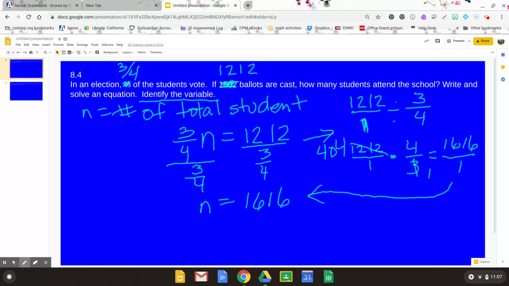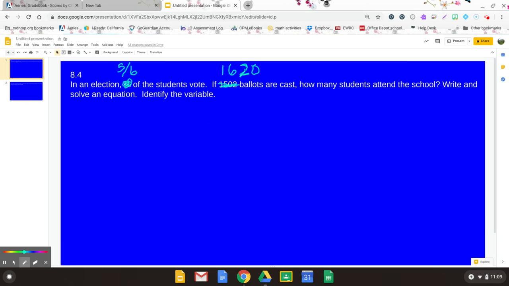I think I'll do one more if you're still struggling with this. In an election, 5/6 of the students vote. 1,620 ballots are cast. How many students attend the school? Write and solve an equation. Identify the variable.